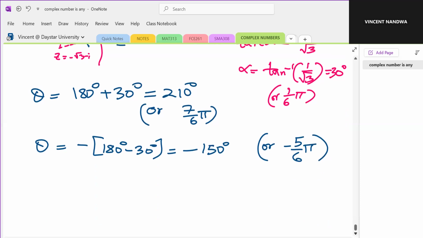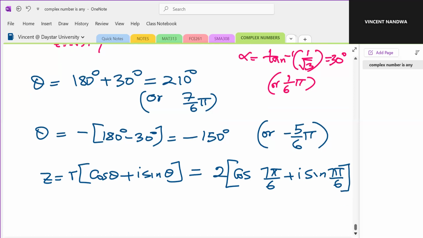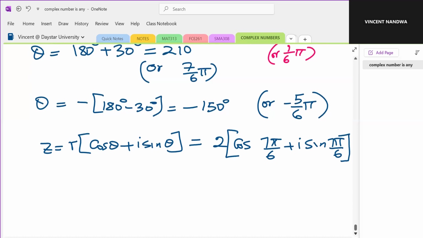So therefore, z, which is usually written as r cos theta plus i sin theta, will be given by r, we have gotten the r is 2, and then cos theta is cos 7 pi over 6 plus i sin 7 pi over 6. So that is what will be the polar form of that given complex number.